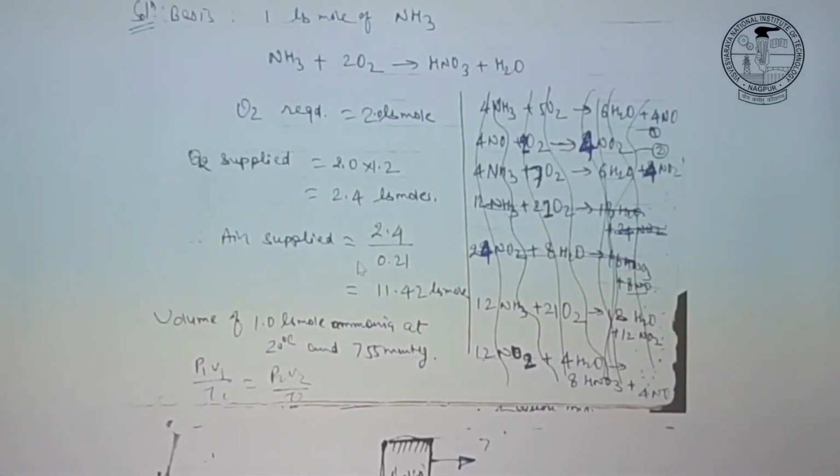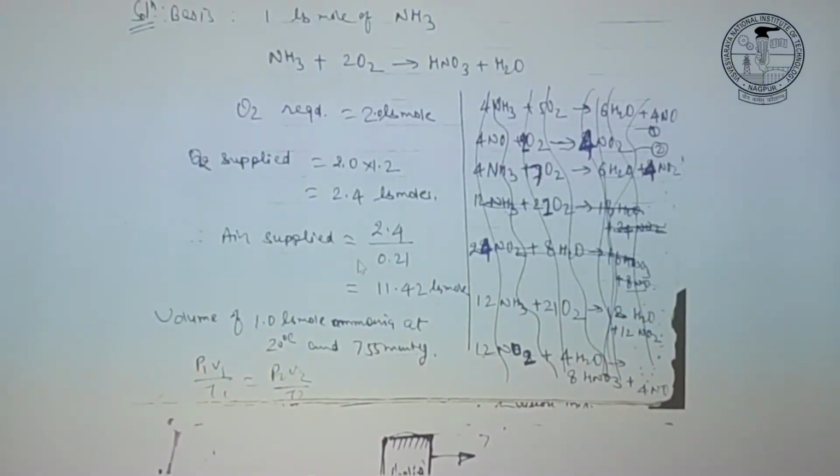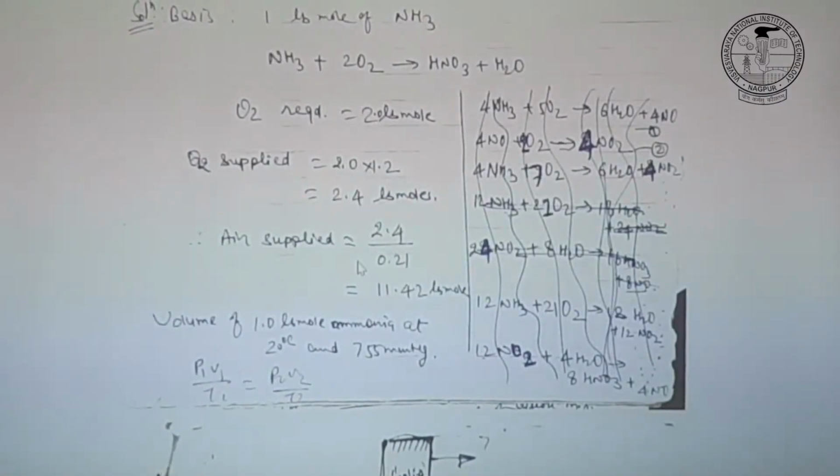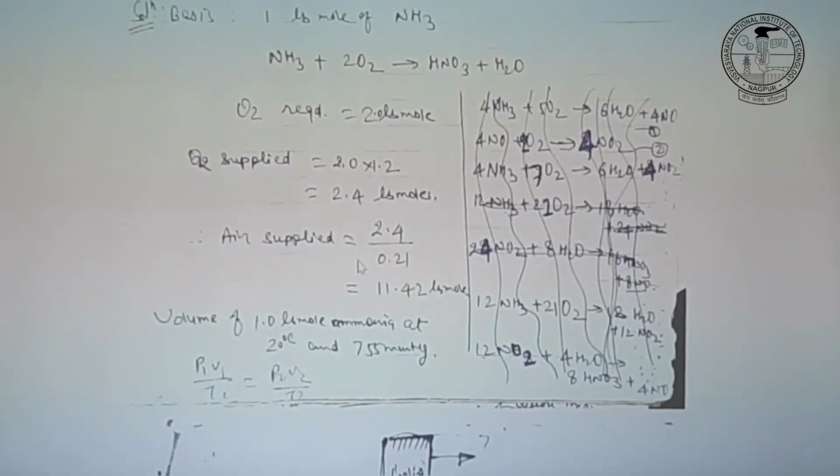Now how much oxygen do we need to supply? It is stated in the problem statement that we have to give 20% excess, right? So you have to multiply by 1.2, and that much oxygen we need to supply. So 2 lb mole multiplied by 1.2 is 2.4 lb mole of oxygen we have to supply.